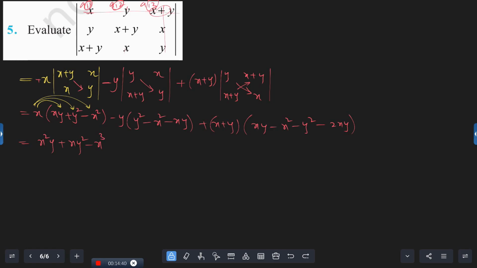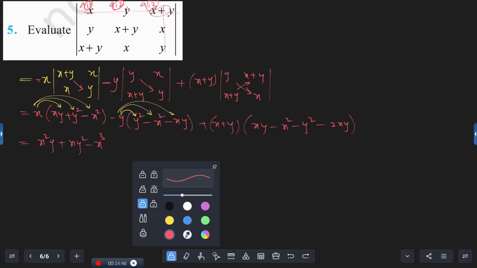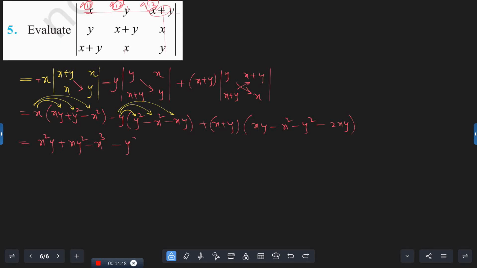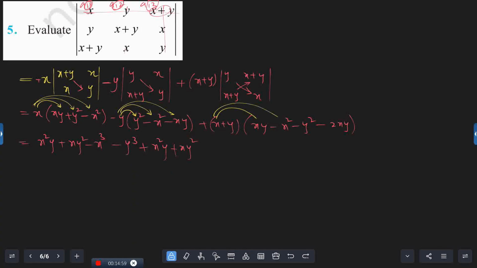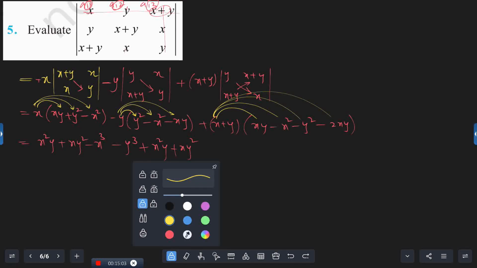In the same manner, take the minus y and multiply inside. So what am I getting? Minus y into y square, minus y cube; minus into minus, plus x square y; minus into minus, plus x y square. And here we have two terms. One you take x, multiply carefully. Like that, later you have to multiply y.